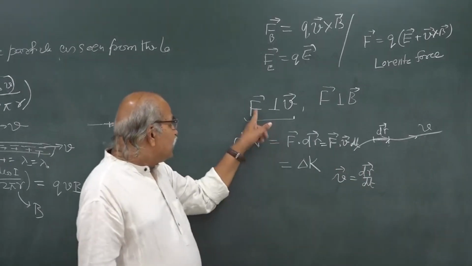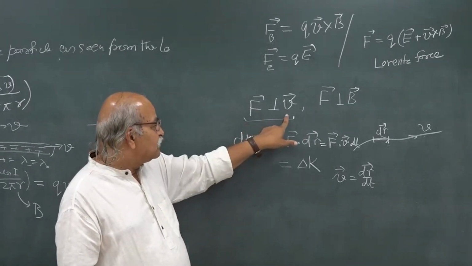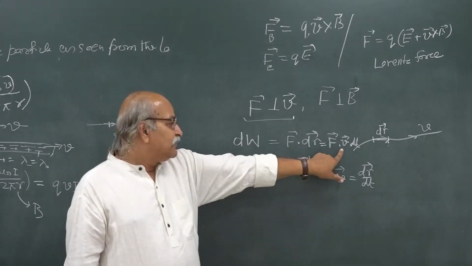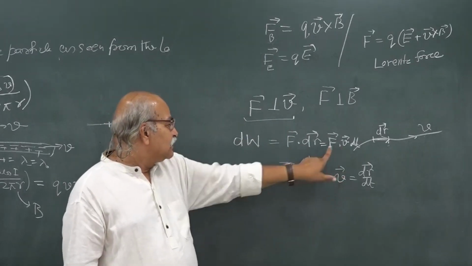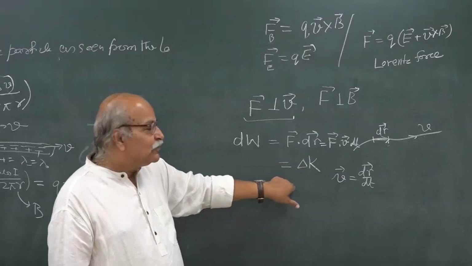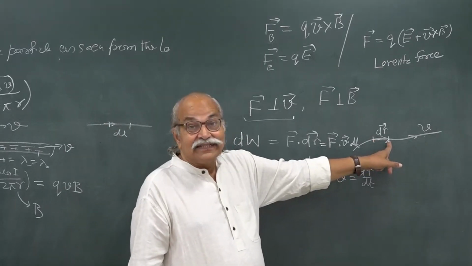Now, if F is perpendicular to v, F dot v is 0, and if F dot v is 0, then this delta K is 0, and if delta K is 0, that means the kinetic energy here and the kinetic energy here are the same.